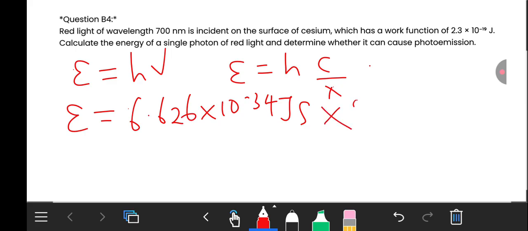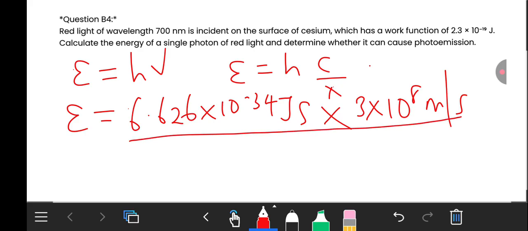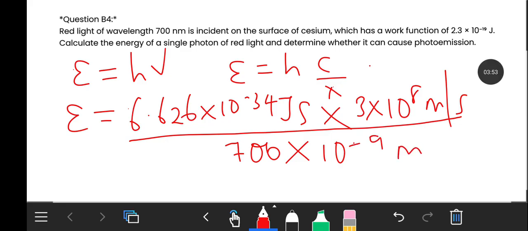Multiplied by speed of light, which is 2.99 times 10 to the power 8 meters per second, but you can say 3 times 10 to the power 8 meters per second. Then you divide everything by the wavelength which was given, which is 700 nanometers. Nano means 10 to the power negative 9, so it will be 10 to the power negative 9 meters.